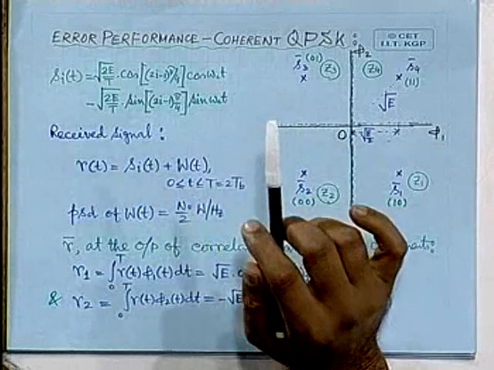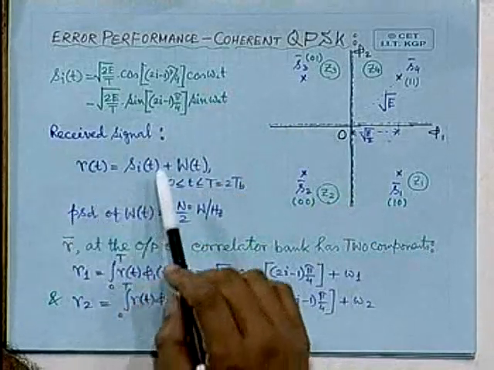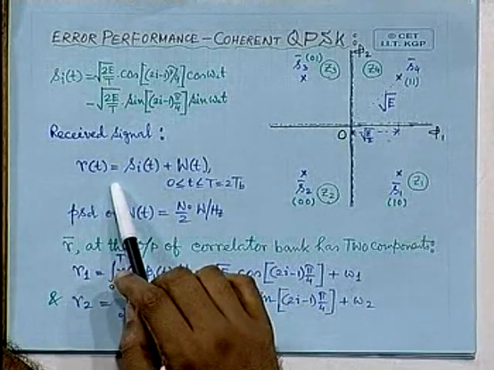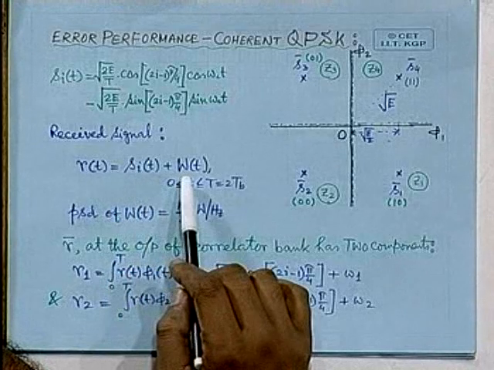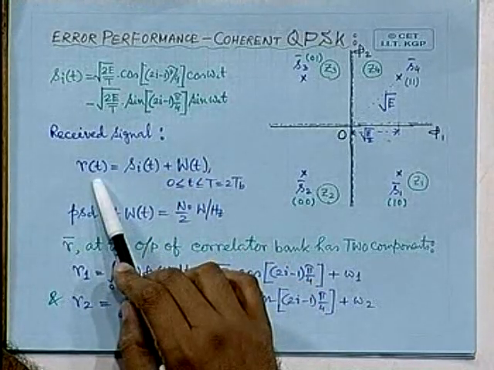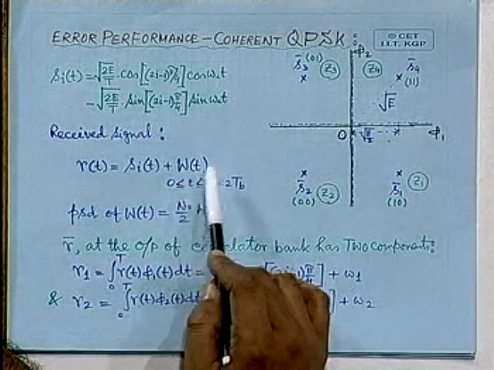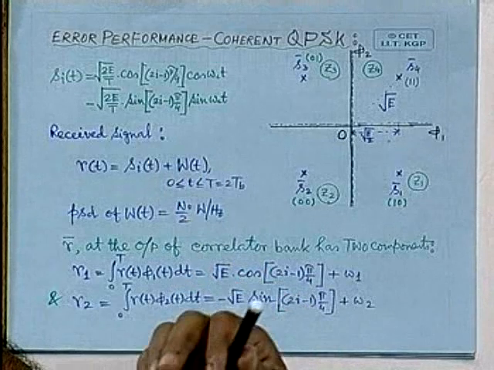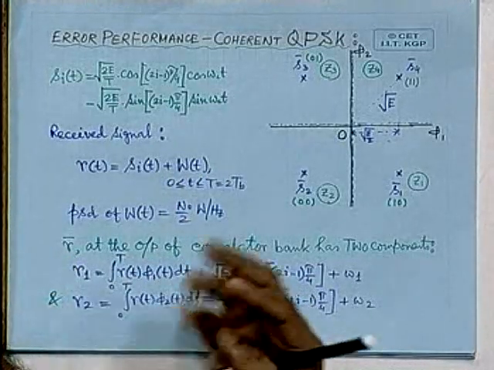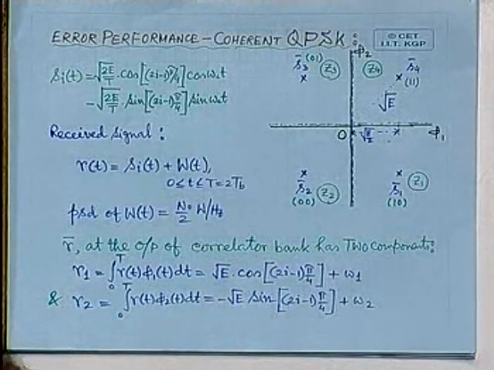Each symbol is made of 2 information bits, and the corresponding received signal is always the signal added with noise. So, R(t) corresponding to Si(t) is Si(t) plus W(t), where capital W(t) is an additive white Gaussian noise process.